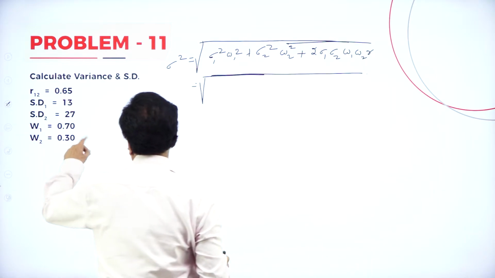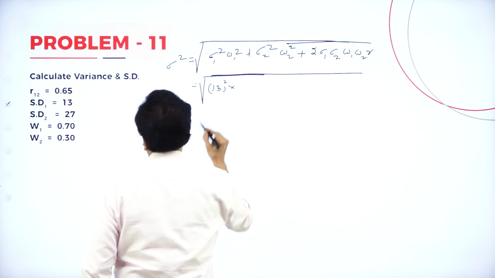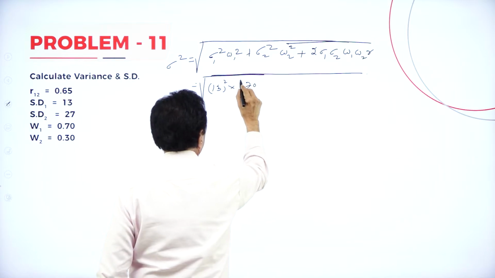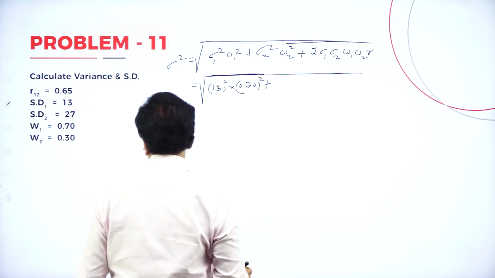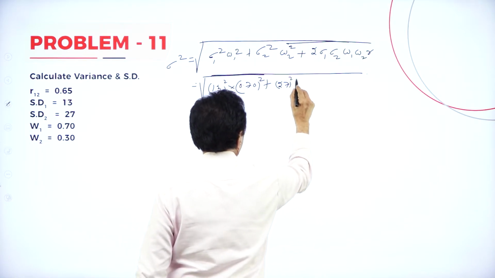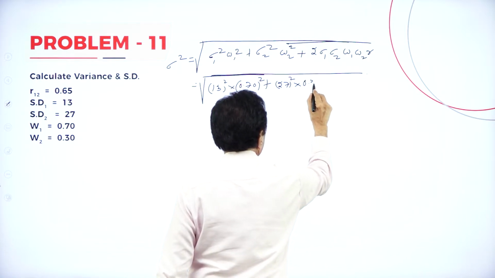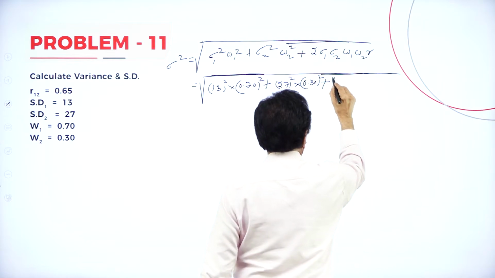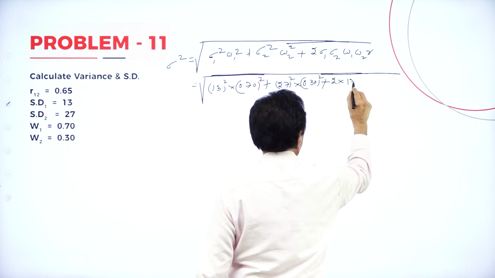what is standard deviation 1? 13 square into W1, 0.70 square, standard deviation 2 square, 27 square into W2 square, plus 2 into, what is standard deviation 1? 13.